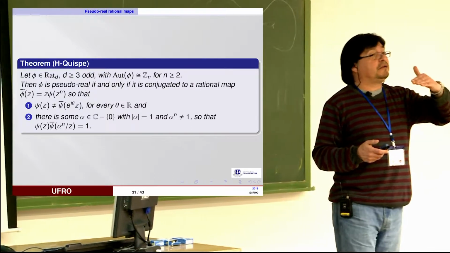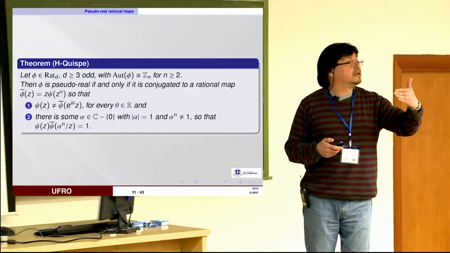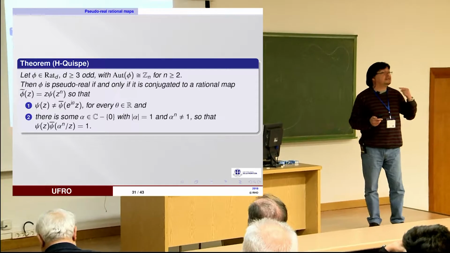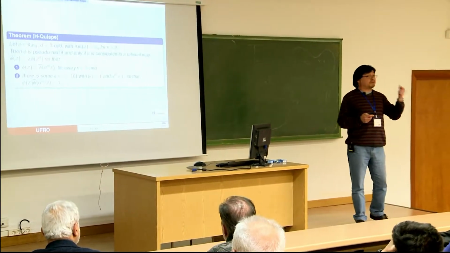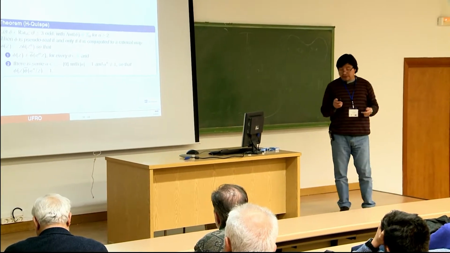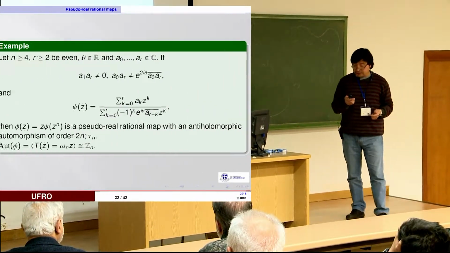So with this you can construct explicit pseudo-real rational maps. The previous known explicit examples were Silverman's examples with trivial group of holomorphic automorphisms. So this provides many more examples.